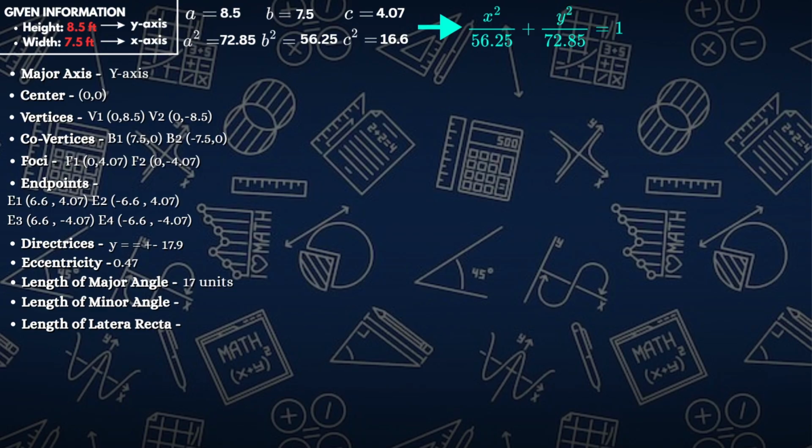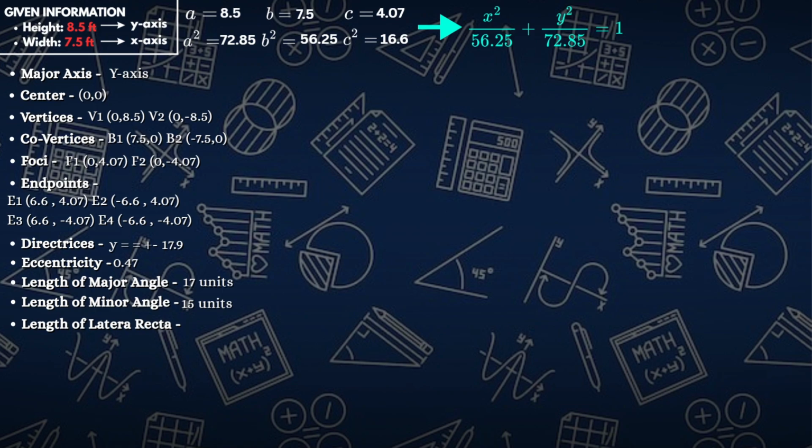For our minor axis, let's just multiply b by 2. Multiplying b by 2, 7.5 times 2 would give us 15 units. So again, the formula for the major axis is 2a, and the length of the minor axis is 2b, which is 2 times b.